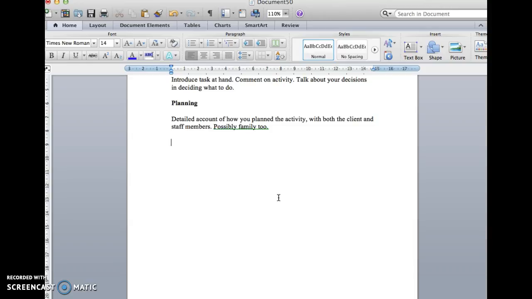The rest of this assignment will go on in terms of your implementation, and again that would be where you're going to give a step-by-step account of the activity start to finish, step by step, quite literally, where you would say, I arrived at 8 a.m. on the day of the activity.